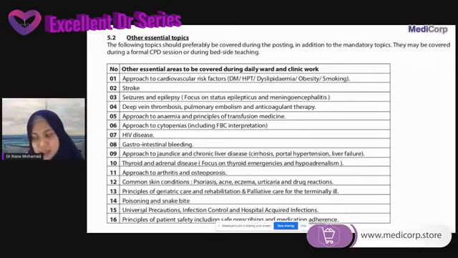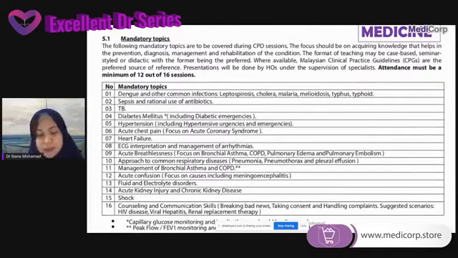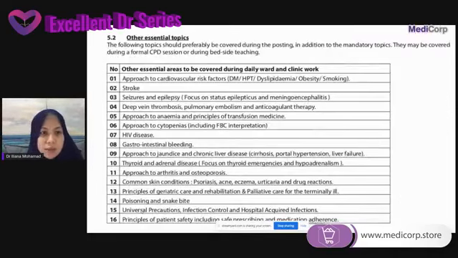Okay, so these are your mandatory topics, okay? But for the purpose of your case-based discussion and mini CX, they usually will take from these 16 mandatory topics, okay? Which are more common and more commonly encountered. Okay, so no excuse for you not to know these topics. Okay, so take a deep breath and let's go through pediatric.